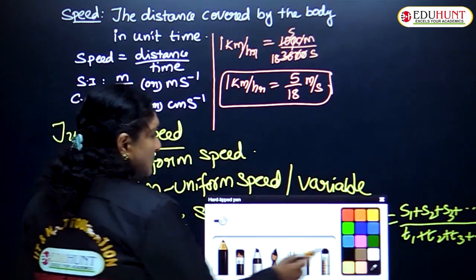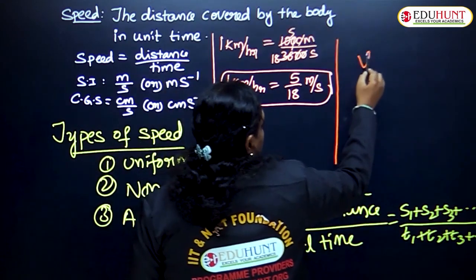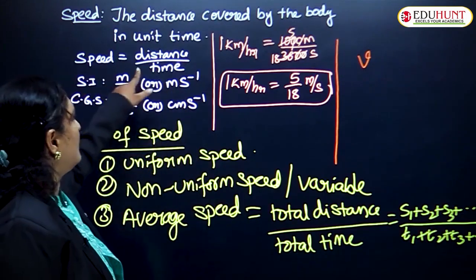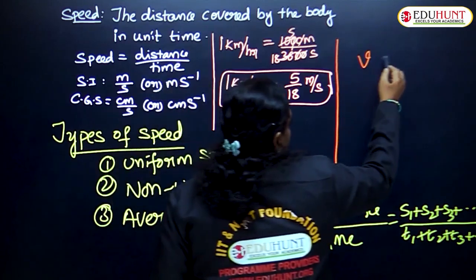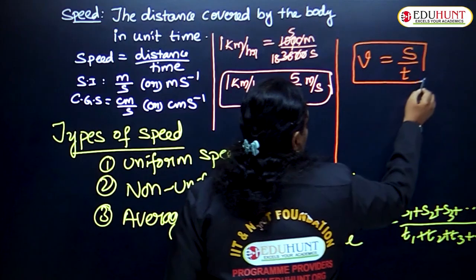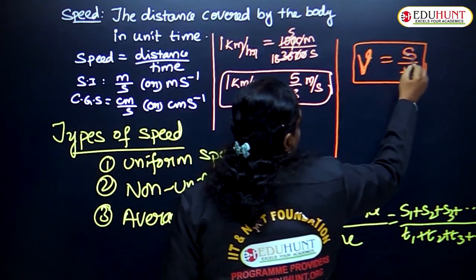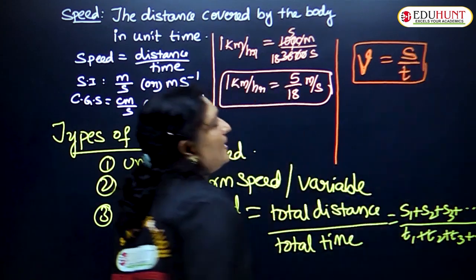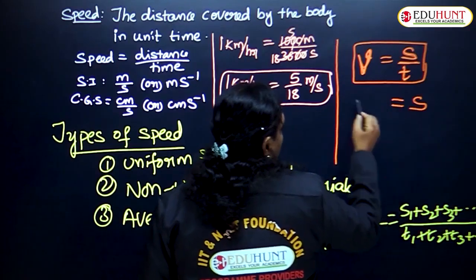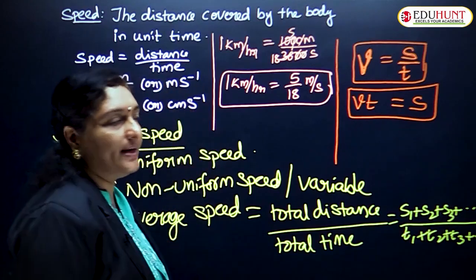Earlier, as I have told you, speed is equal to distance by time. Let me represent speed with the small letter V. Speed is represented by V. Distance I represent by S and time by T. So mathematically, speed V can be written as distance S upon time T. If I would like to find distance S, it is equal to speed into time.